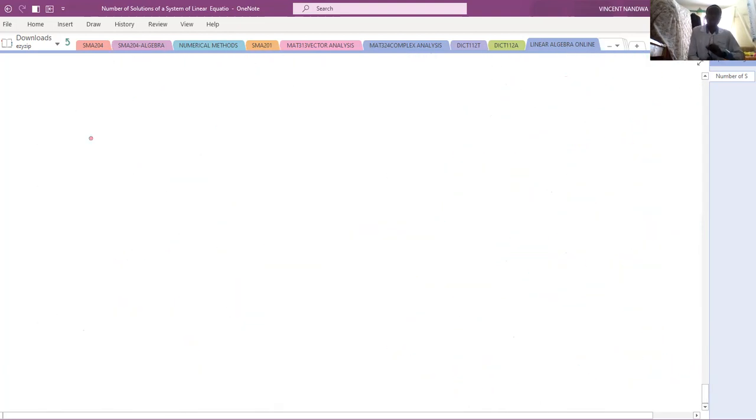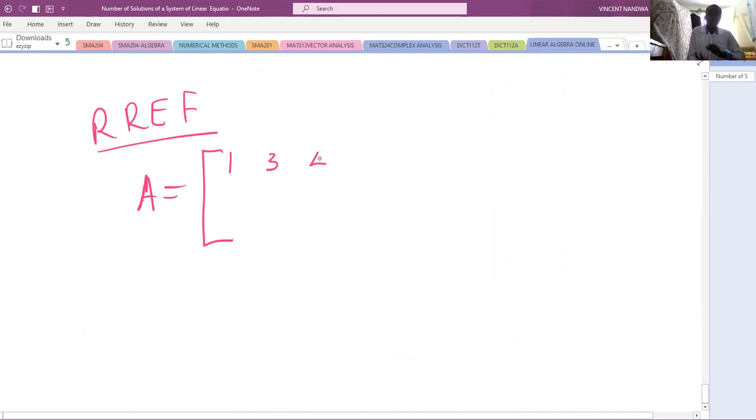Another example of a reduced row echelon form matrix: we can have matrix A given by 1, 3, 0, 1, and then 0, 0, 1, 8, 0, 0, 0, 0, 0, 0, 0, 0.